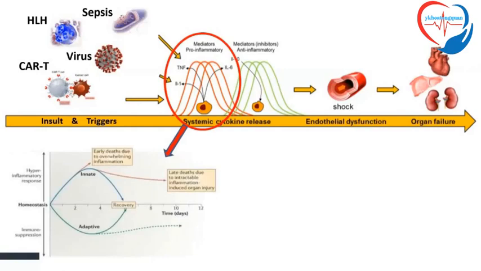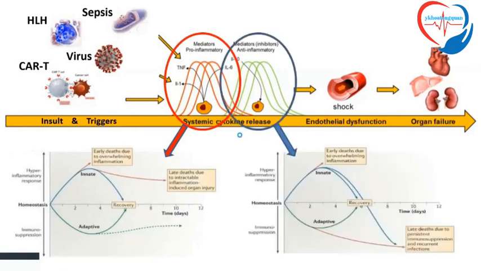But subsequently, the adaptive immunity may also be activated, and some patients die due to immunoparalysis. And in fact, we have anti-inflammatory mediators that overcome the action of the pro-inflammatory mediators. This is due to damage to the endothelium and organ failure.